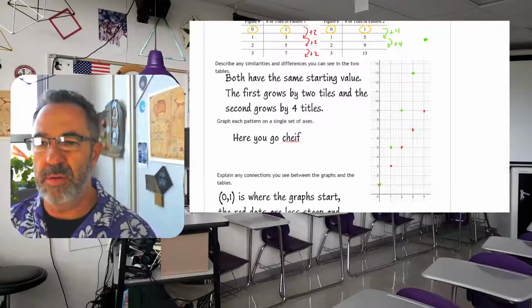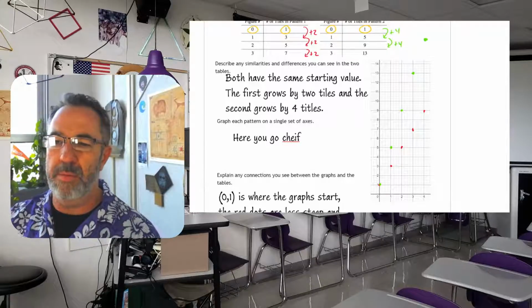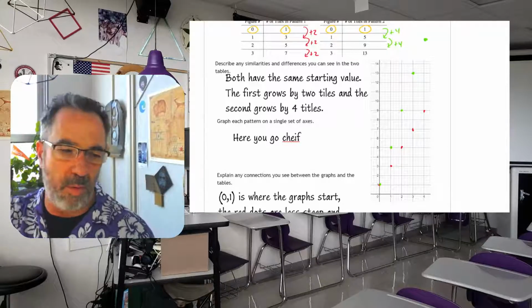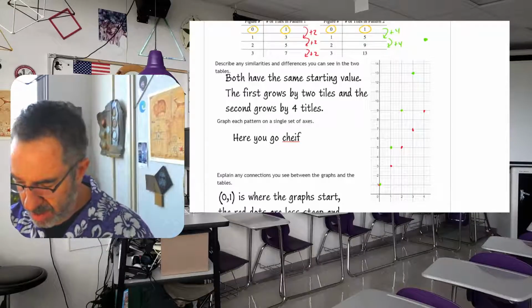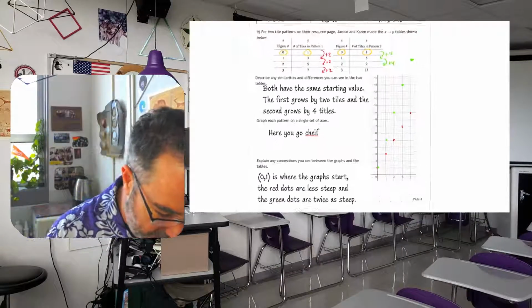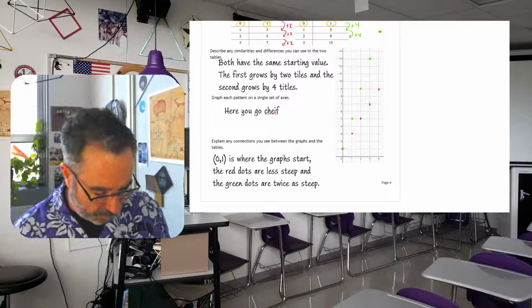Is that true? If I went up 2, 4, if I went up 6, I'd go up 12. Yeah, it's twice as steep. So I'm just sharing some things that students said.